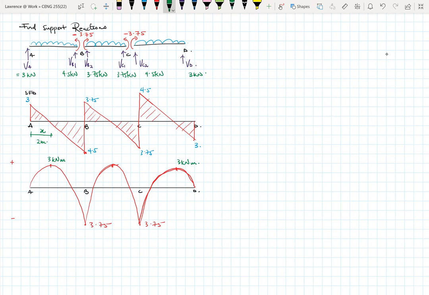So this becomes the bending moment diagram. Am I correct? We can always check to make sure. I'm not too sure about this, but you can always check to make sure that we are doing the right thing. This one over here might not be as high as it's supposed to look.